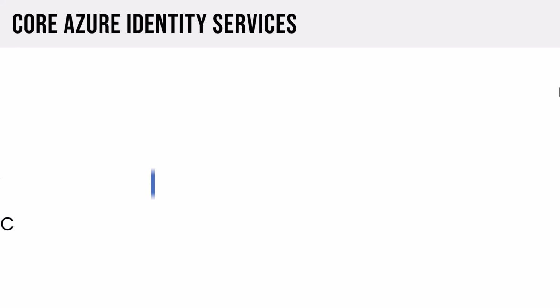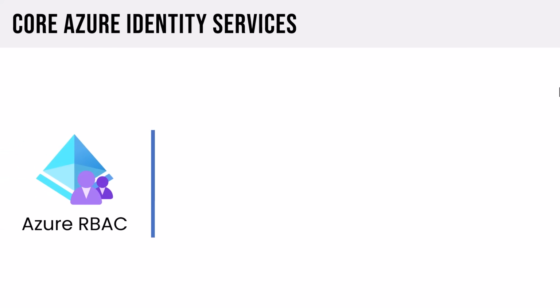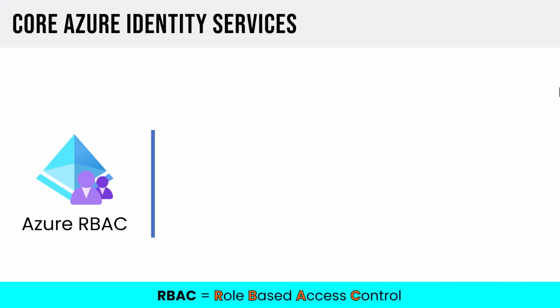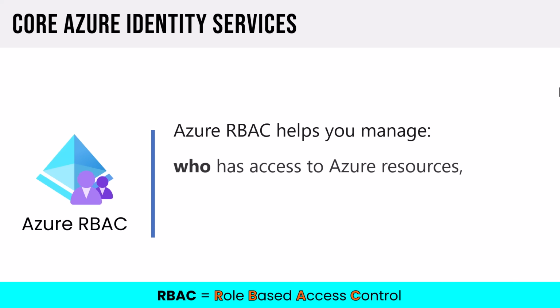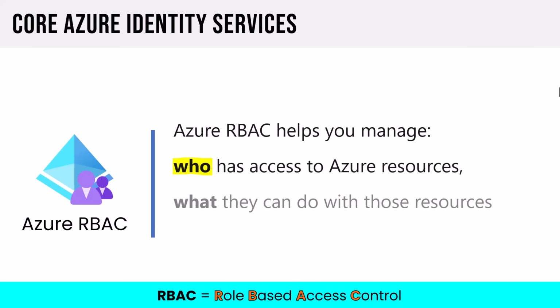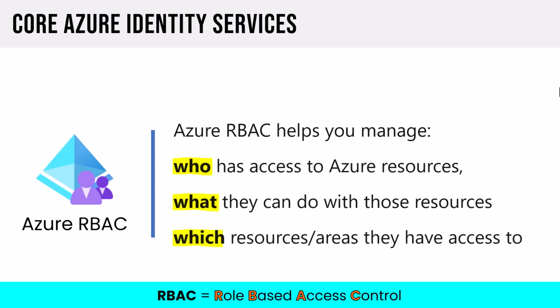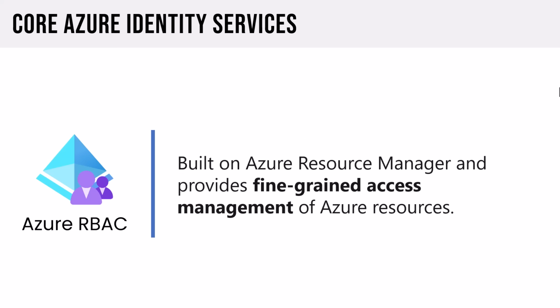Let's talk for a moment about Azure RBAC. RBAC incidentally stands for Role-Based Access Control, and Azure RBAC helps you manage who has access to Azure resources, what they can do with those resources, and which resource areas they have access to. It's built on Azure Resource Manager, and it provides fine-grained access management of Azure resources.